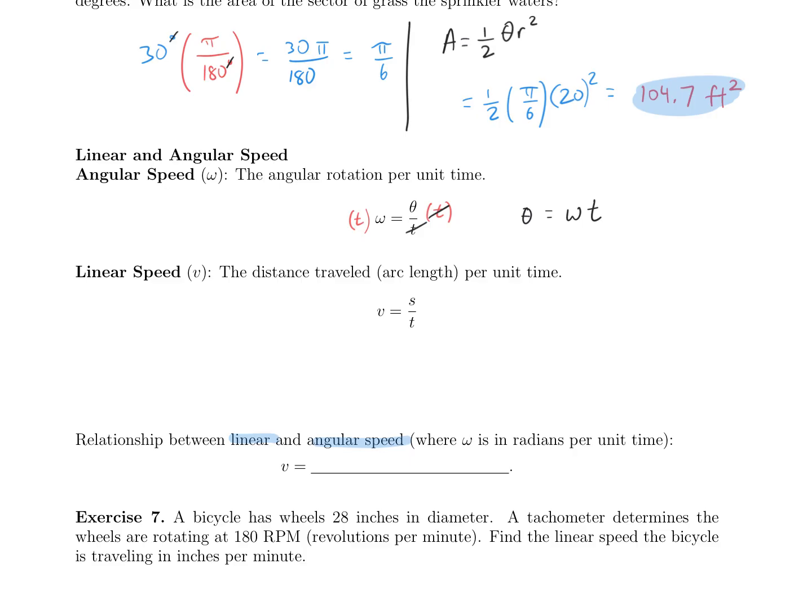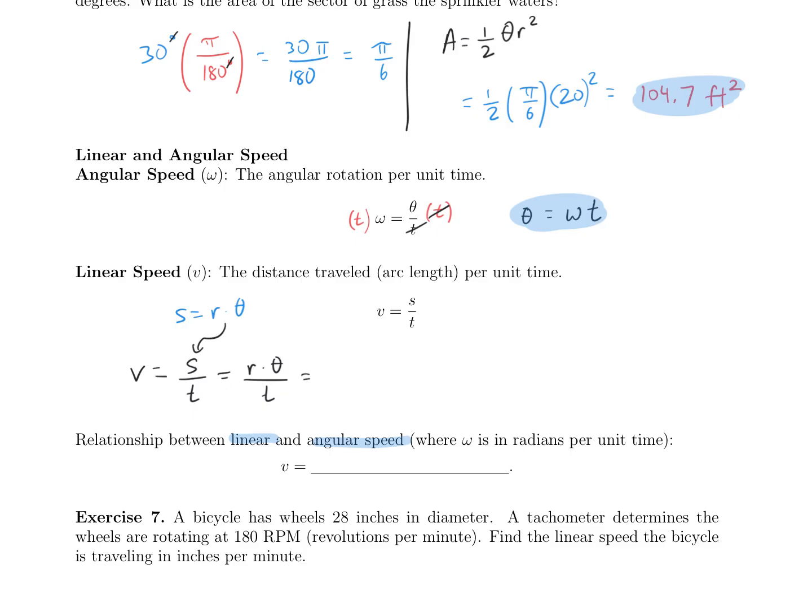We already know that s is equal to r times theta, so we can make that substitution. So we have v equals s over t. That's the formula you see over here to the right. If we substitute r theta for s, you have r times theta over t. And now we're going to replace theta with omega t, because theta is equal to omega t.